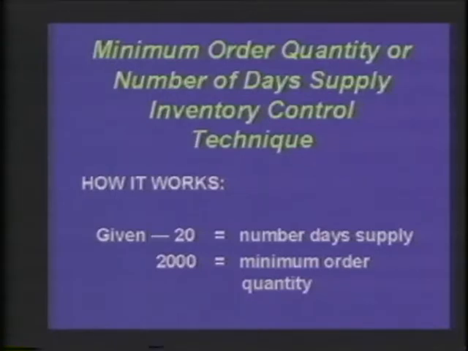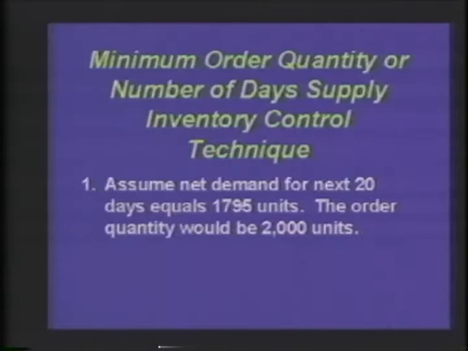Now let's take a look at 2 scenarios to determine whether we got the right info from purchasing or not. Under the first scenario, looking out 20 days into the future, we have a requirement of 1,795 pieces. And we recognize that 2,000 is the minimum, so we're going to purchase 2,000, and we would retain in inventory in the storeroom 205 pieces.